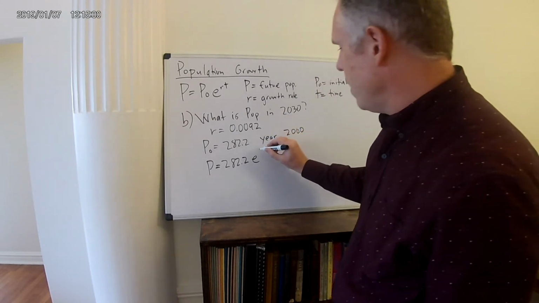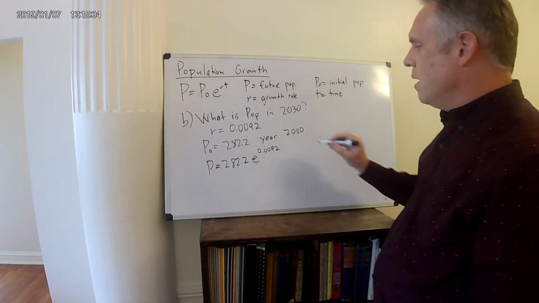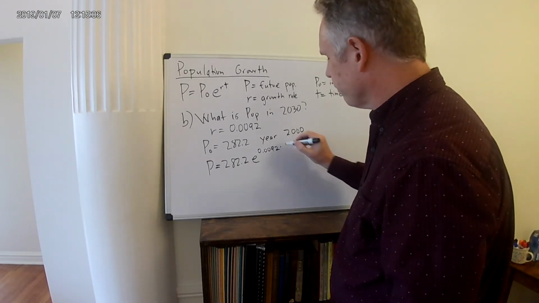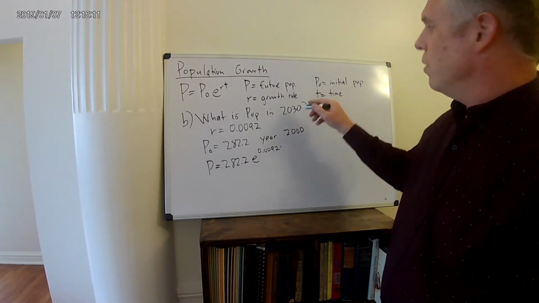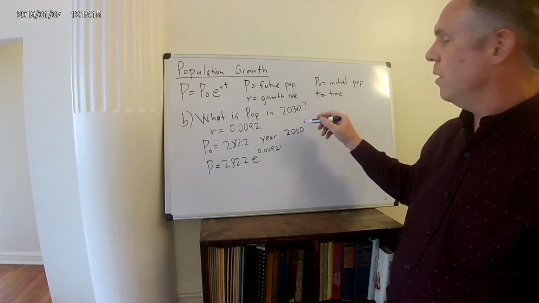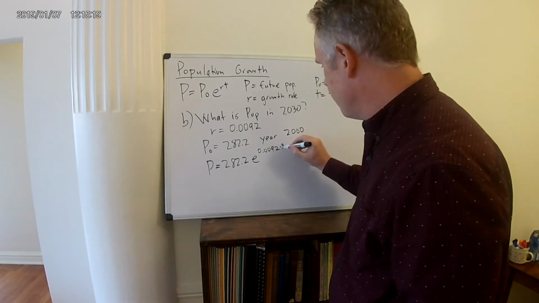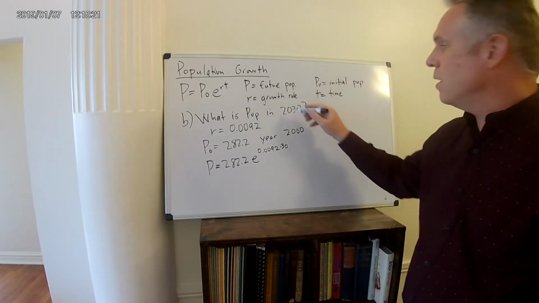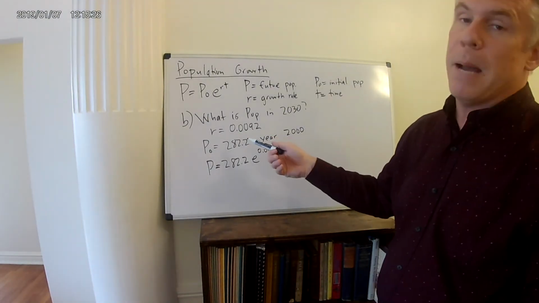Now we know our growth rate is 0.0092, okay? And the question is, what is our t here? Well, the year 2030 is 30 years in the future from our initial year of 2000. And so in this case, our t is 30, because 2030 is 30 years in the future from year 2000, which is the initial population we're using.